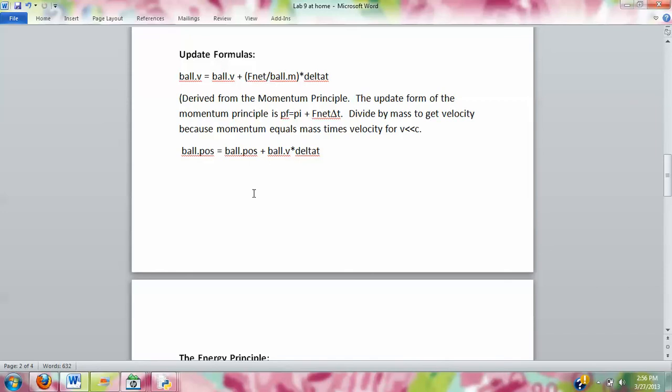If you divide by the mass in every term, you will get that the velocity final equals the initial velocity plus F net divided by the ball's mass times delta t. Momentum divided by mass is equal to velocity when the velocity is much smaller than the speed of light.